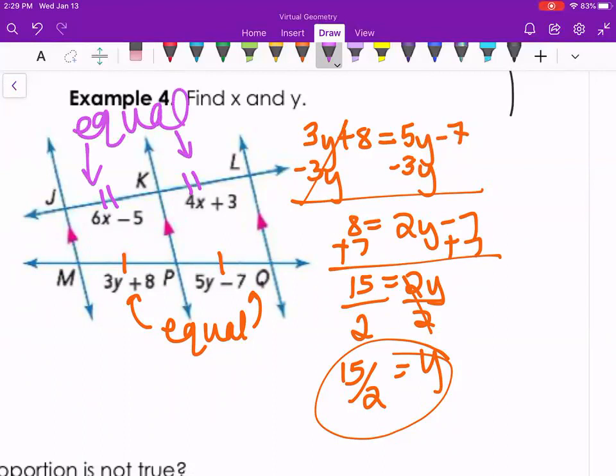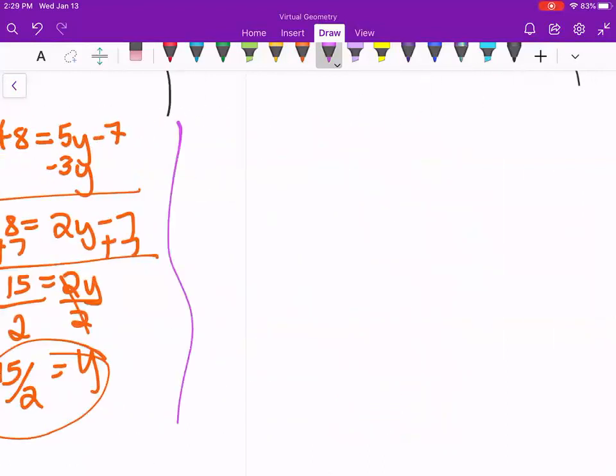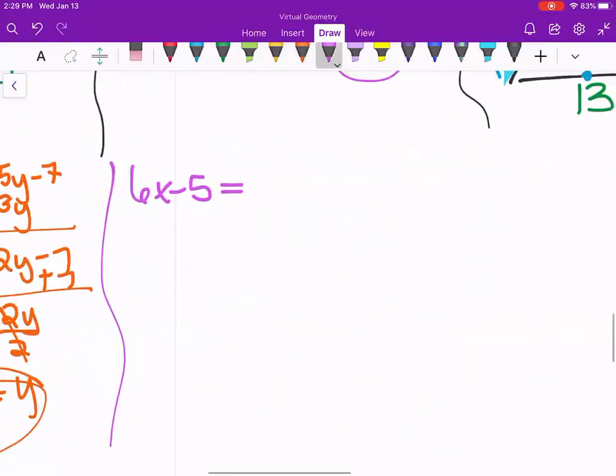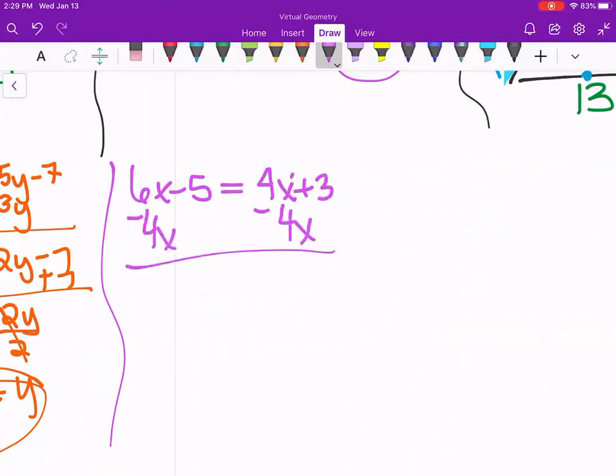Now let's find x. 6x minus 5 equals 4x plus 3. So minus the 4x from both sides. 2x minus 5 is equal to 3. Add your 5 back.